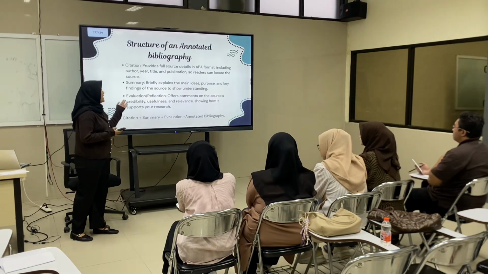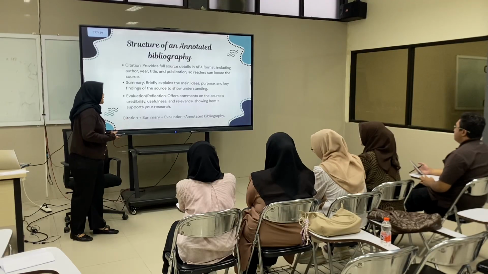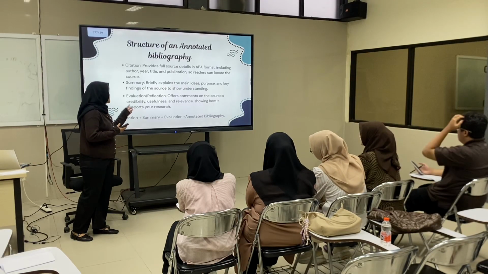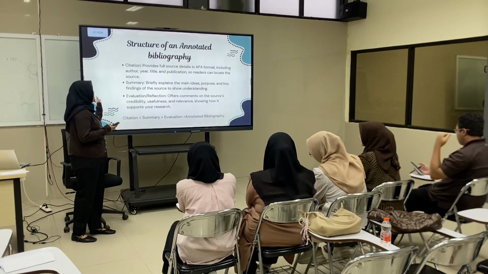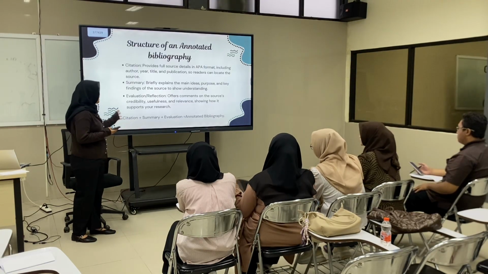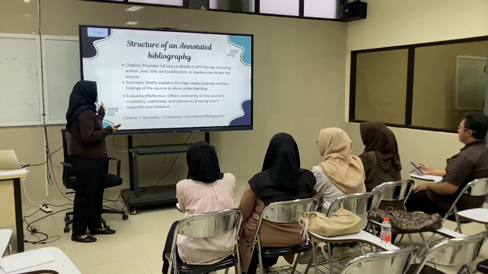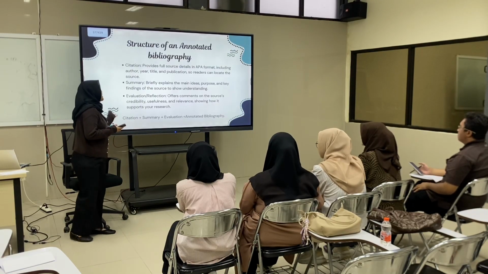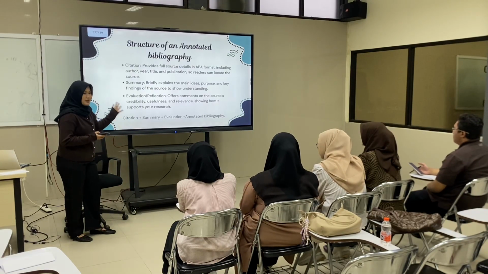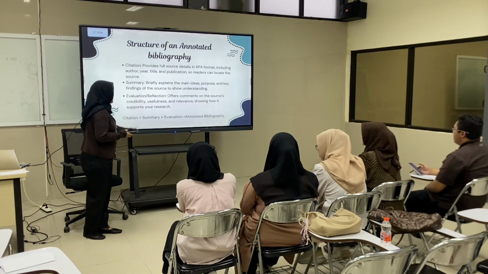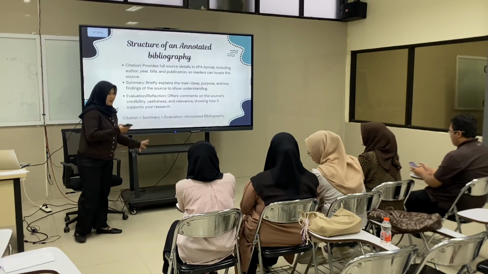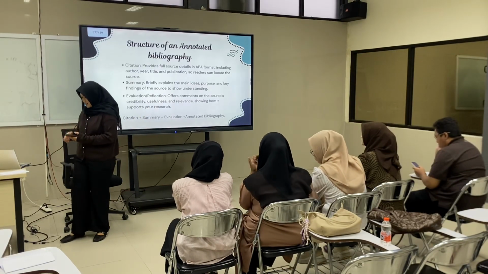Briefly explain the main ideas, purpose, and key findings of the source to show understanding. And the last one is evaluation or reflection. Comment on the source credibility, usefulness, and relevance, showing how it supports your research. So, we can say citation plus summary plus evaluation is annotated bibliography, guys.